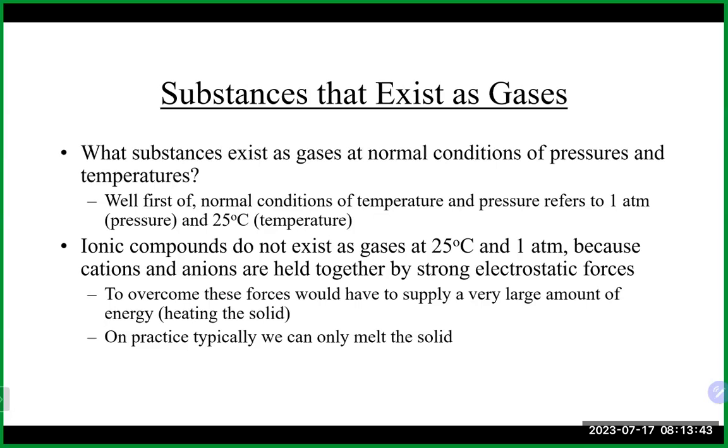Now, under these everyday temperatures and pressures, ionic compounds really tend not to exist as a gas. Ionic compounds, as we talked about a number of times throughout the semester so far, are our metals and nonmetals together. They are ions. We have our cations and our anions, and they are held together by really strong electrostatic attraction.